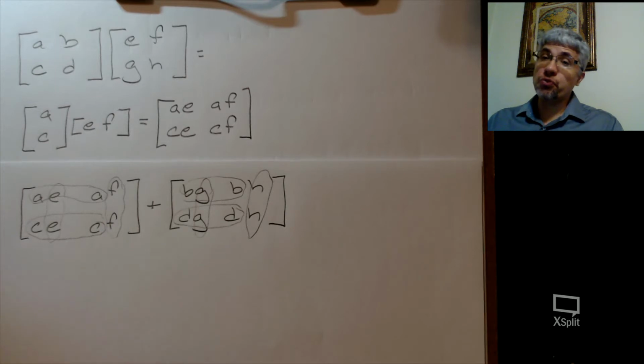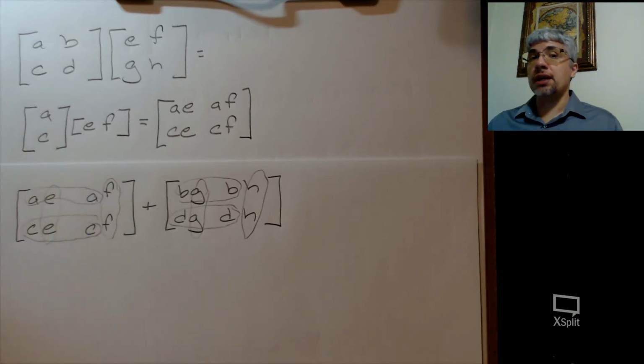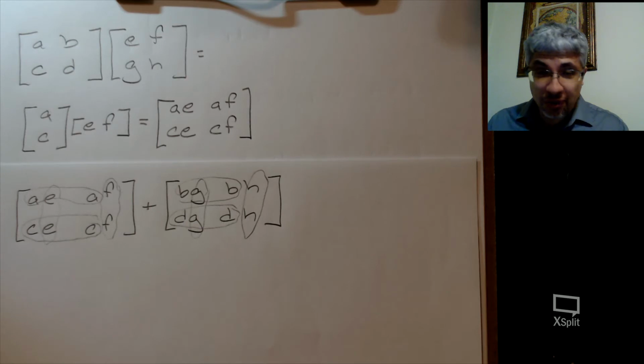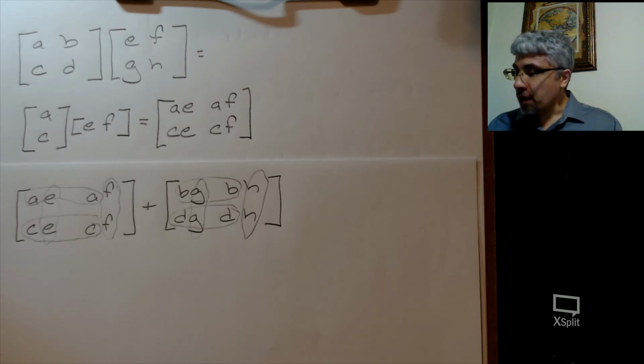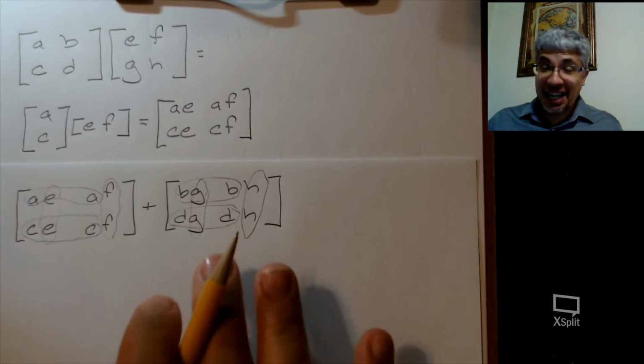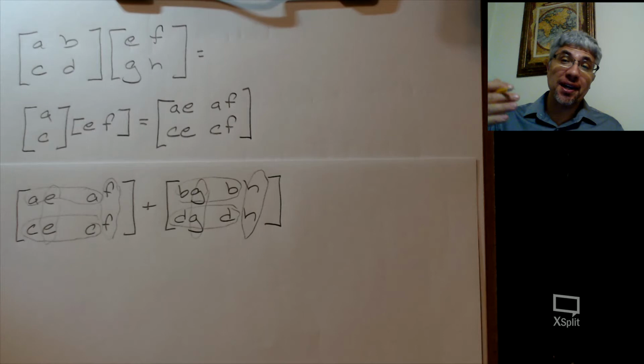So the first matrix, when I broke this apart, is exactly what I get if I take the first column times the first row, instead of the first row times the first column and doing all the different row-column combinations. Can anyone think of a way that I might get the second matrix, if I got this first matrix from multiplying the first column times the first row?